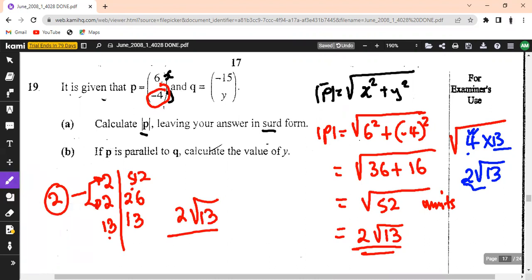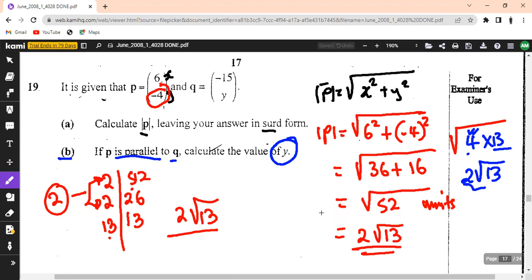Then you are given B. If P is parallel, take note here, if P is parallel to Q, calculate the value of y. Okay, this is what I want you to know. Whenever you're given parallel vectors, it means they have a relationship between these two.